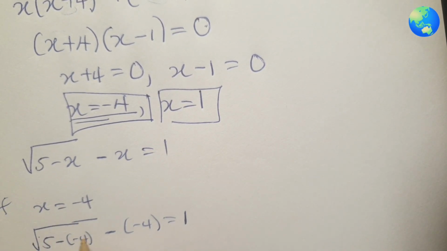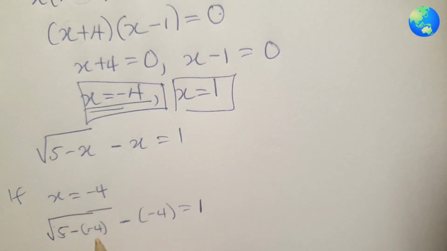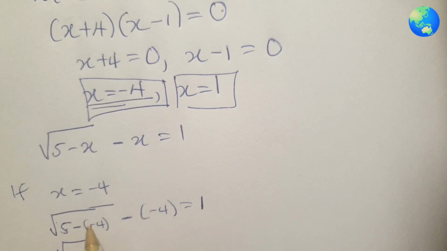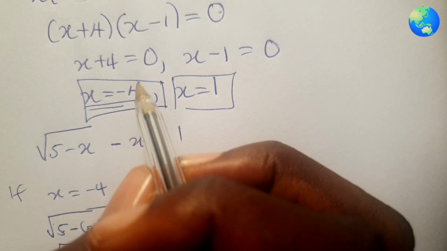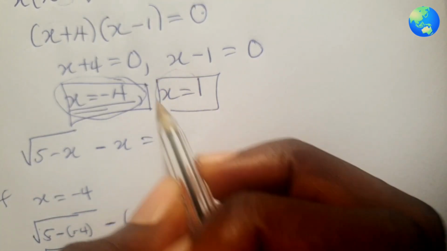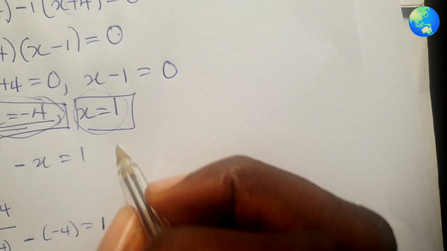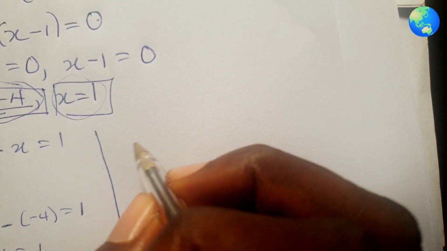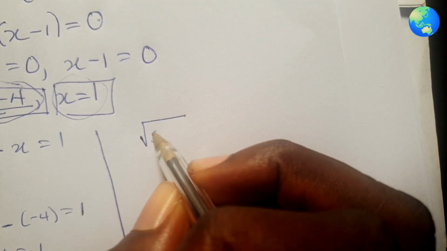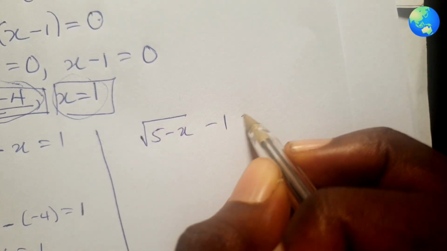So we are having 5 minus this is going to be the square root of 9 plus 4. You can see clearly this will not give us what we want. That means this can't yield the result. So let's focus on x equals 1. If x equals 1, let's check it out as well. This means square root of 5 minus x, minus 1, should be 1.